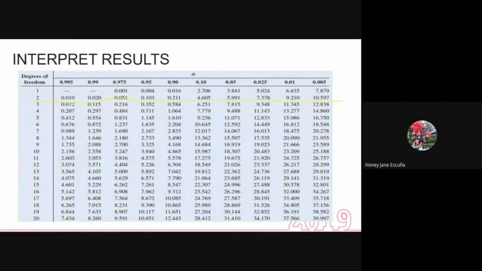Our last number here is 10.597. There is nothing beyond it in the table for alpha, which means we stop at 10.597, so this is the alpha we will use for our test statistic, 0.05.